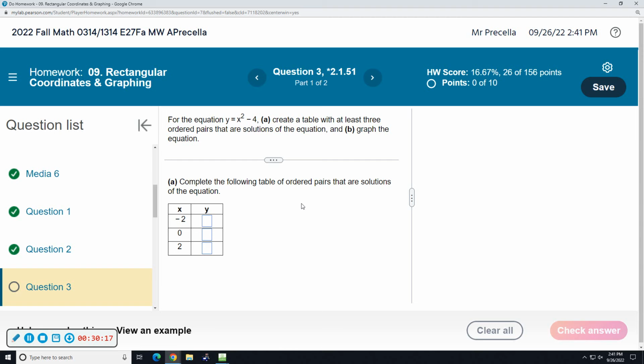I'm still copying down the problem. -2, 0, and +2. And let me make sure I didn't miscopy. y equals x squared minus 4. We're plugging in. Hey, looking at this table, are we going to be plugging in anything for y? No. The only numbers we're plugging in are x values. That's nice. And we're plugging in -2, 0, +2.